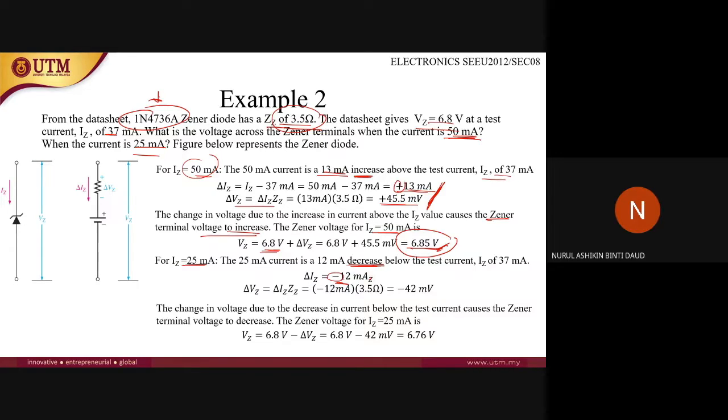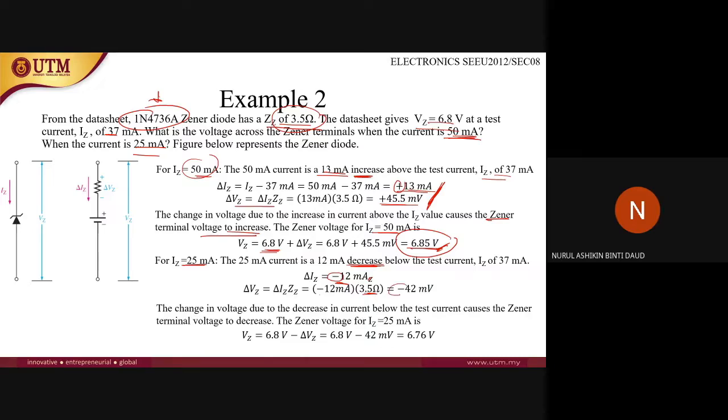Sorry, there is no Z here, only milliampere. Next you need to find the change of voltage. Delta VZ equals the change of current times the impedance. So delta VZ is minus 12 milliampere times the impedance, which always stays the same, and gives you minus 42 millivolts.